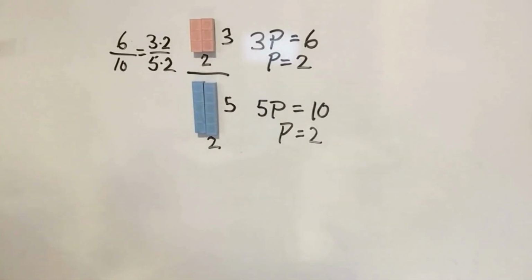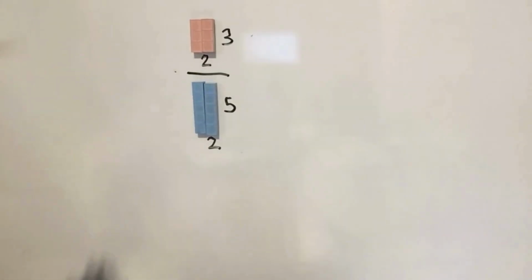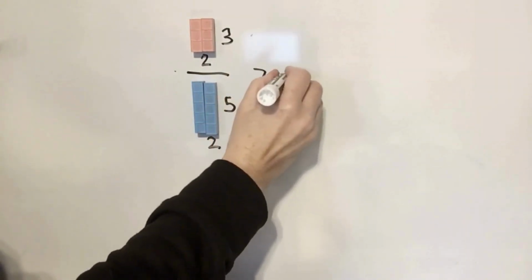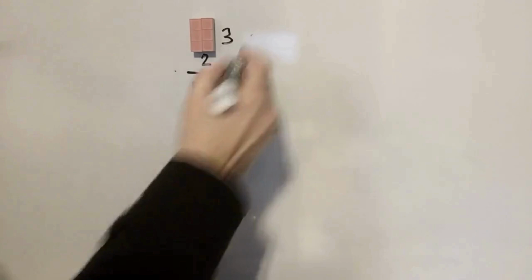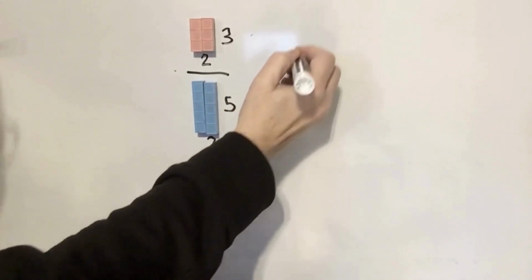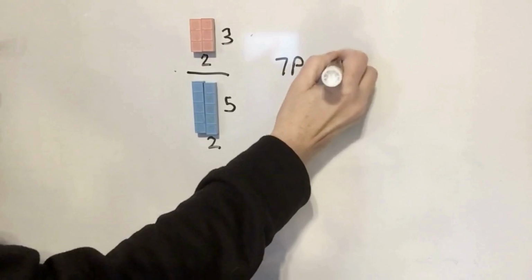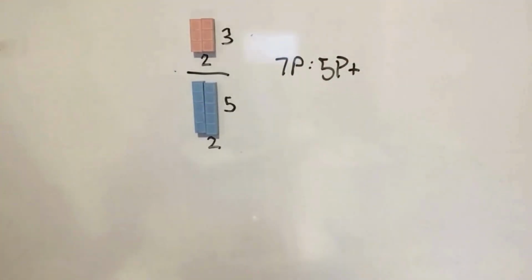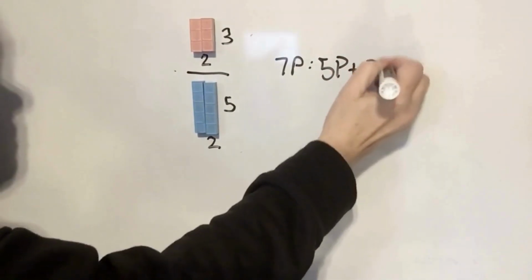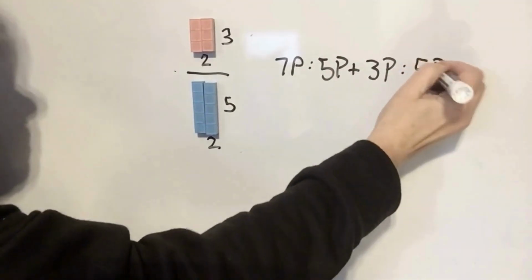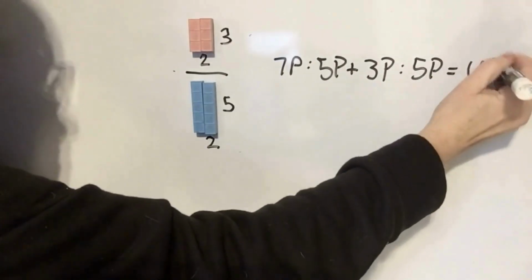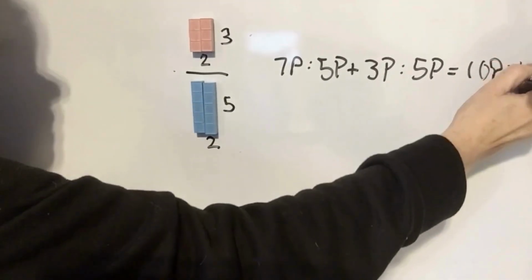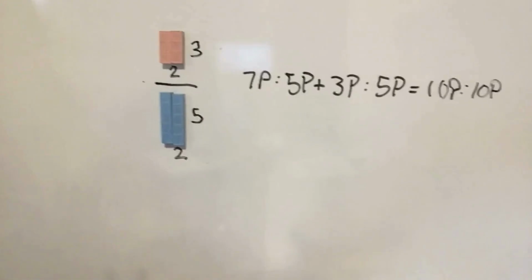Okay, so then the other part that they had was 7P to 5P plus 3P to 5P equals 10P to 10P. Can you see that on the board there?